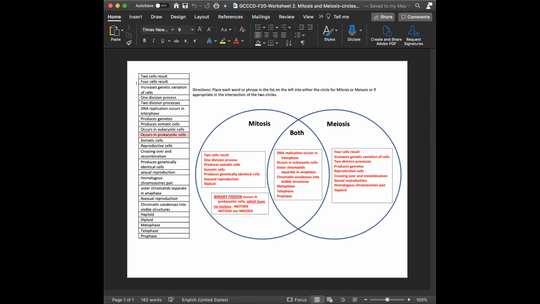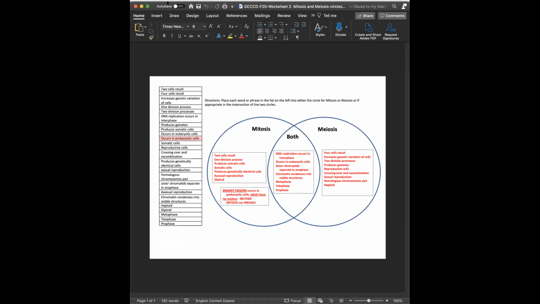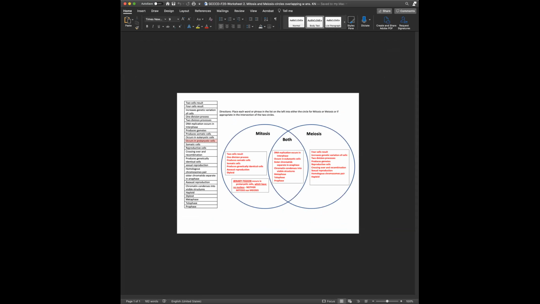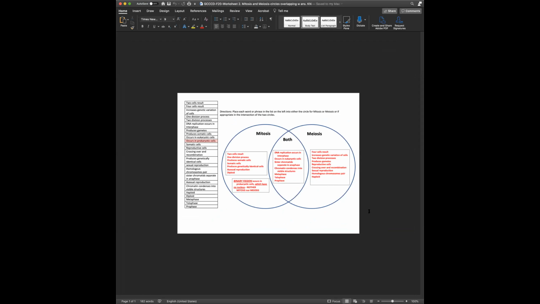All right, I wanted to go through this one with circles. I suspect you cannot see that at this point, but let me share the screen. Hope you can read that.